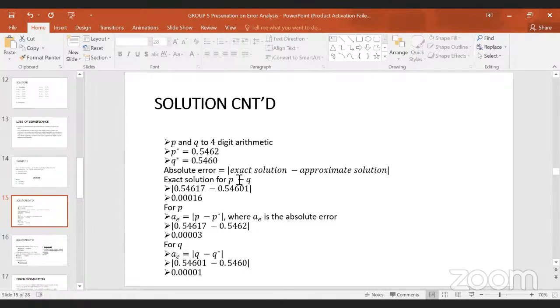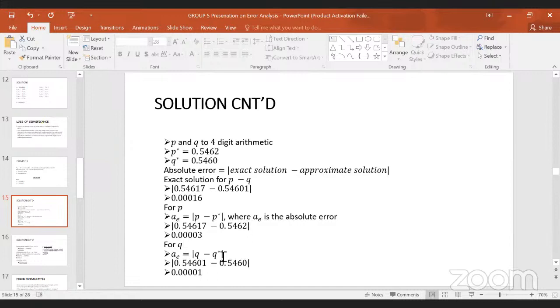I did, sir, but the first thing I did was to do the exact solution, which is P minus Q, which I was asked to do in the first place. Then I followed with the absolute error: the exact solution minus the approximate solution of P star and Q star, which is for P, this is it, and for Q, this is it, sir.